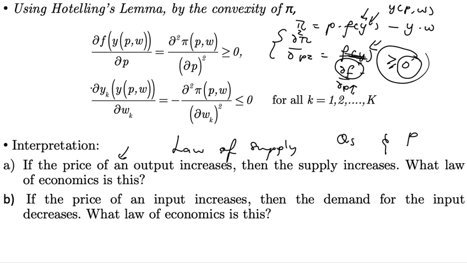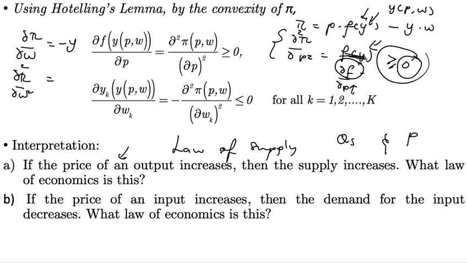All right? And recall back for the profit function, if we differentiate it with respect to the price of input, then we get minus y, isn't it? So if we differentiate it again, second time, then we are basically differentiating the input that we have earlier with respect to the price of input itself.